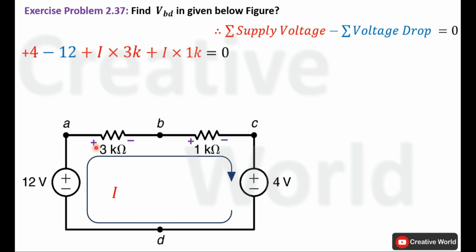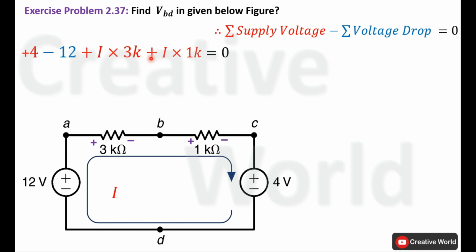Current entering terminal is positive, so the voltage across this 3 kilo ohm resistance, that is the product of current through it and the value of resistance, I multiplied by 3K, will be taken with positive sign. Move to the last element. Current entering terminal is positive, so the voltage across this 1 kilo ohm resistance, that is the product of current I and 1 kilo ohm, will be taken with positive sign.